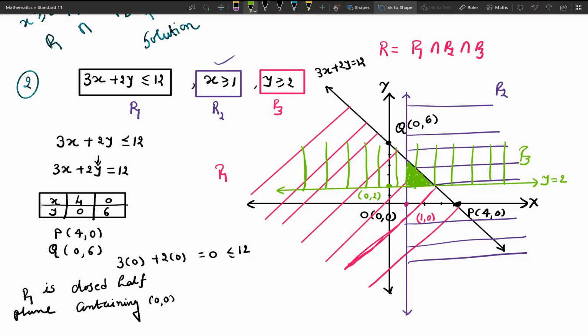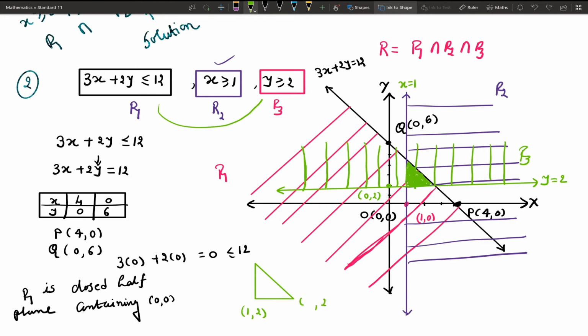So this triangle has vertices, and you can note that this is the line x equal to 1. Here the coordinates are 1, 2. Here we have to find the point of intersection.